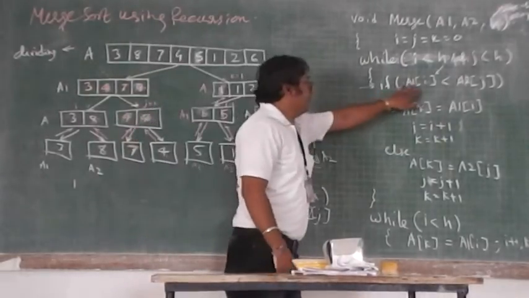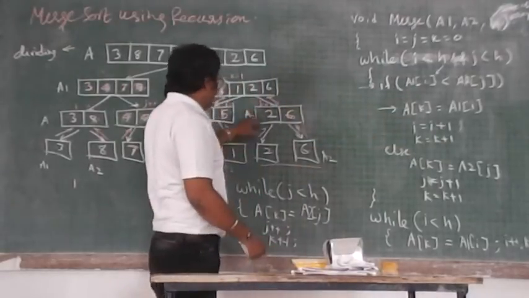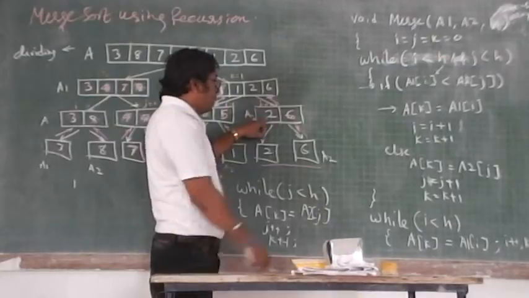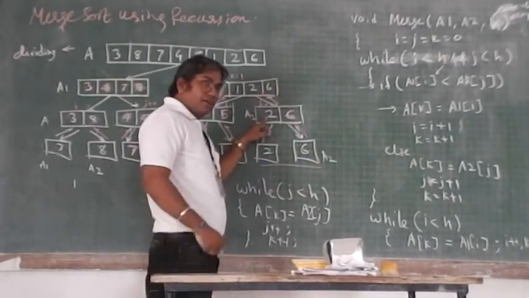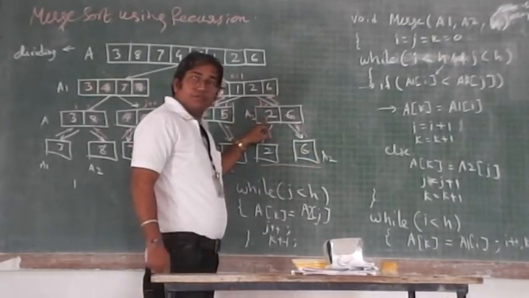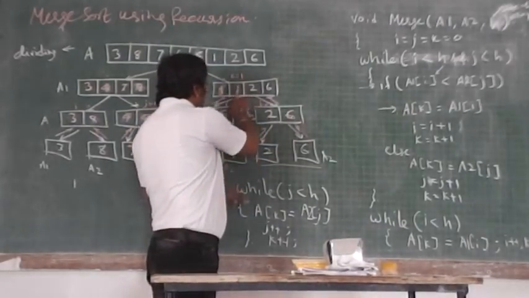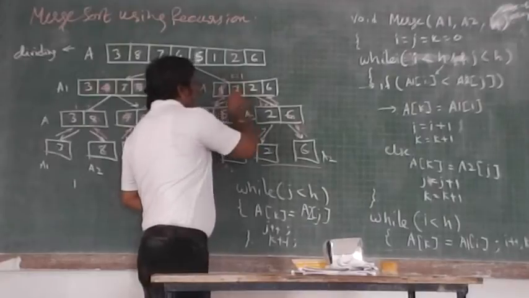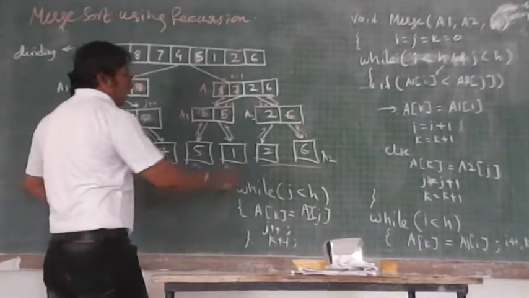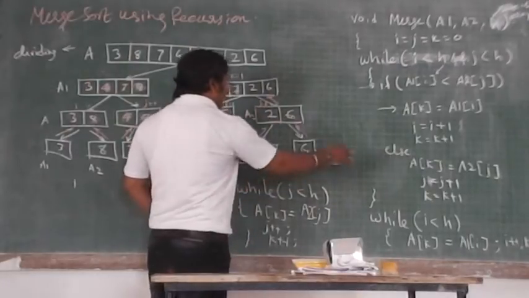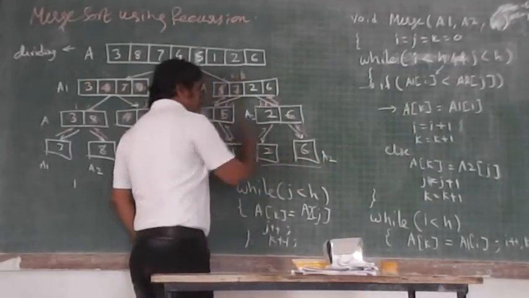This condition becomes false. It goes into else, where A2[j] means A2[0] is moved to A[k]. K value is 1. So this moves to 1st index of this array. This becomes 2. And j is incremented and k is also incremented. Now k becomes 2.